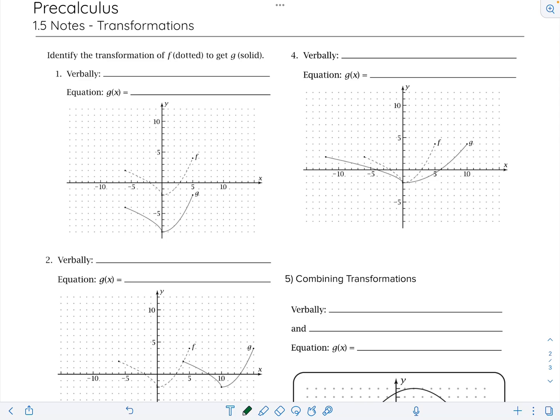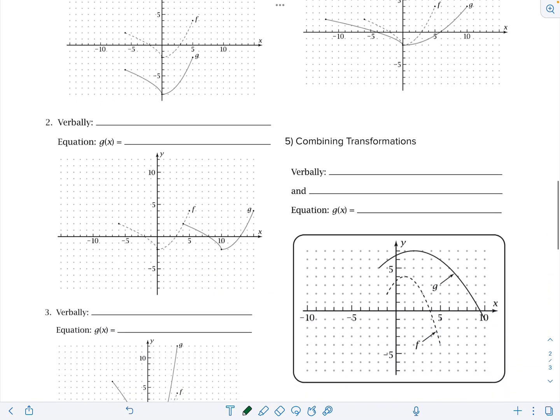Number 1, it is the exact same look. It's been translated down 6. So g of x is the original f of x, down 6. Number 2, it looks like the exact same shape, but it's been taken that many to the right. How many has it been translated?